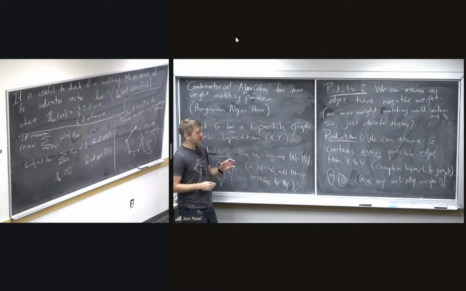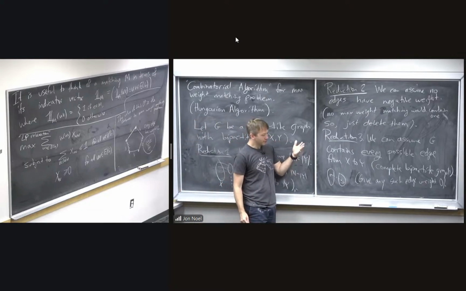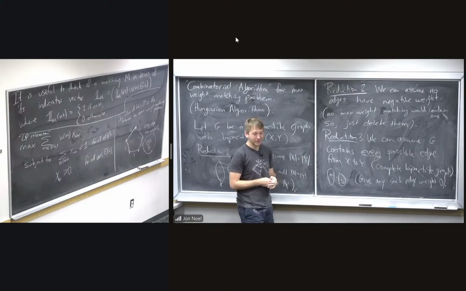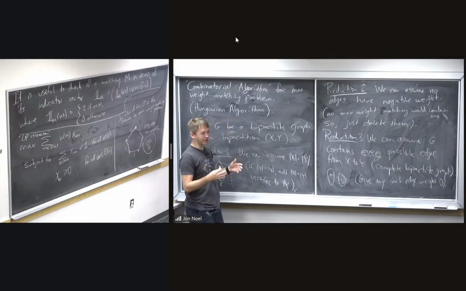So basically, solving the maximum weight perfect matching problem under the additional constraint that weights are non-negative is the same thing as solving the maximum weight matching problem. But now I want to solve a more general problem. I'm going to allow the edges to be negative, and that's going to solve a more general case.